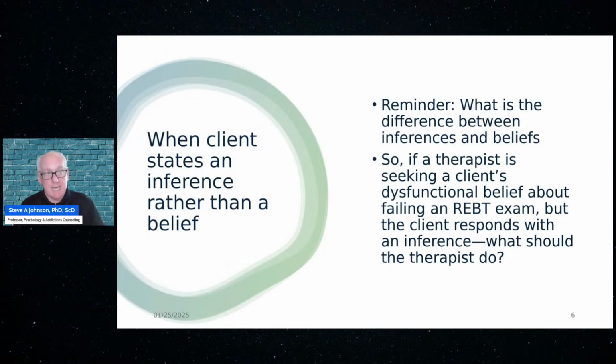But today I want to focus on those cognitions that are contiguous, that are nearer to the emotions and behaviors. And so those are beliefs. So if they give us an inference, we want to find a way to move from the inference to the belief. Okay?